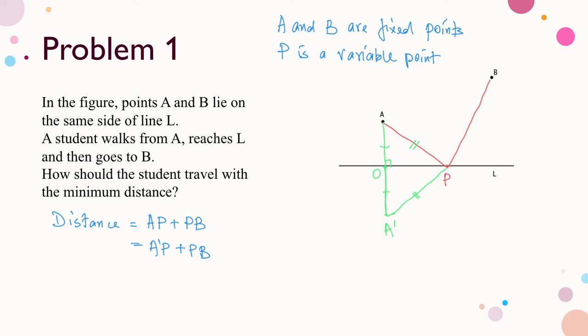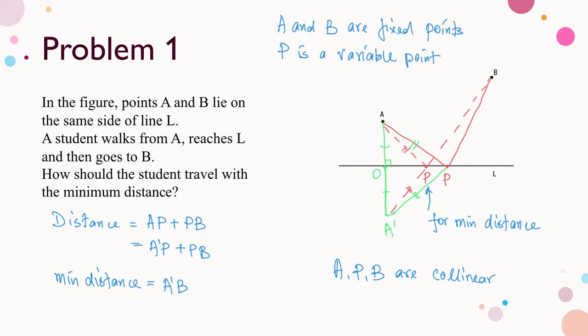Move P such that A prime, P, and B are collinear. In this case, by the principle that a straight line gives the smallest distance between 2 points, we have A prime P plus PB is minimum. So, the minimum distance is given by A prime B. The minimum distance can be calculated by Pythagoras theorem.